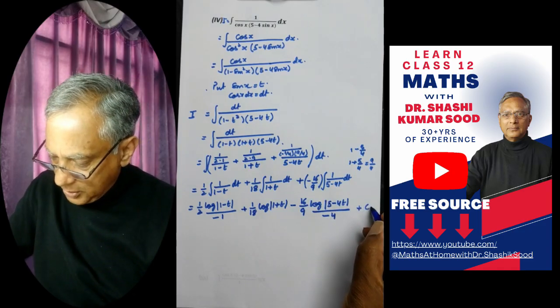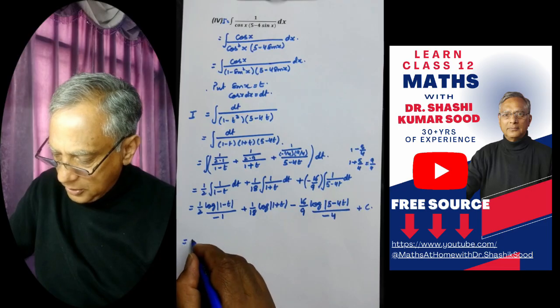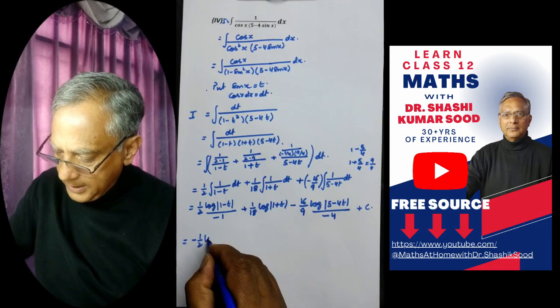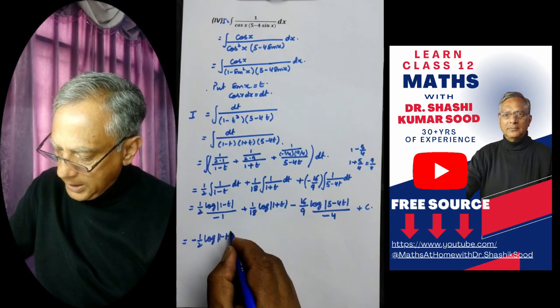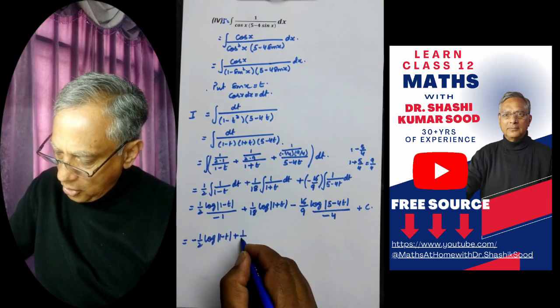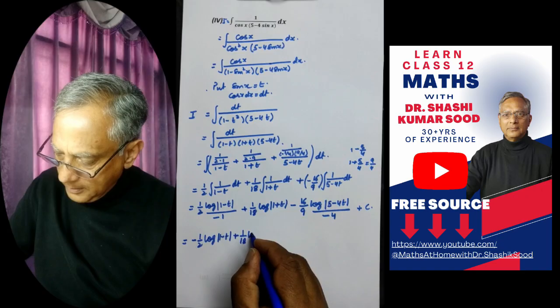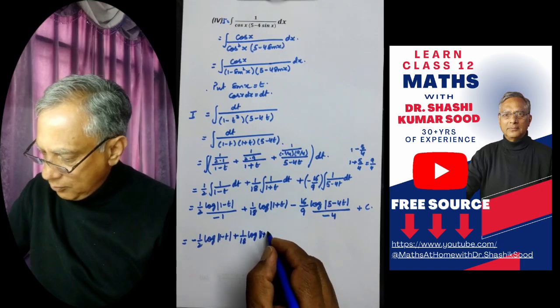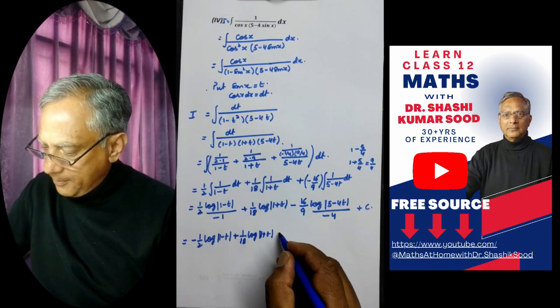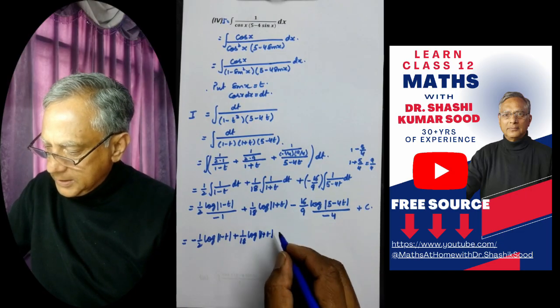So this is equal to minus half log 1 minus t plus 1 by 18 log of 1 plus t minus. Now this will be minus minus plus, and this will cancel with this.